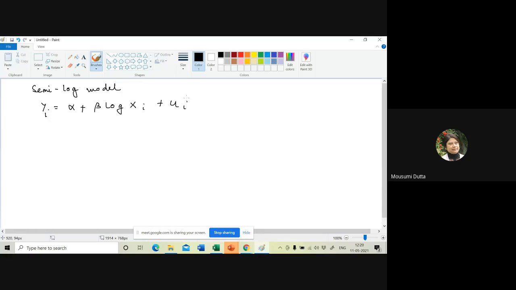Okay, so if one variable is very large compared to the other, in that case, under many circumstances, we take the logarithmic transformation of that variable.